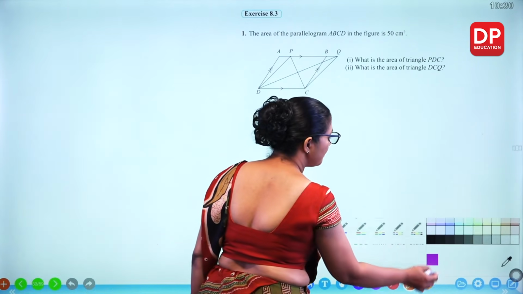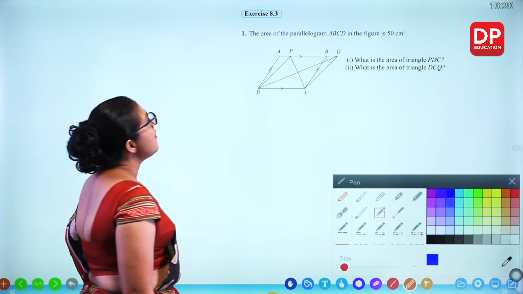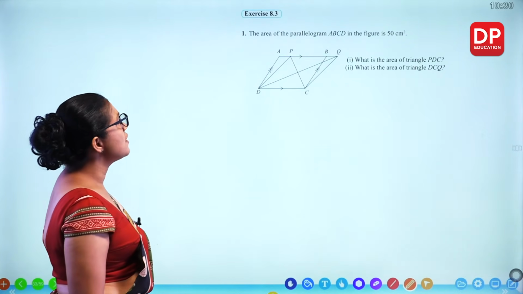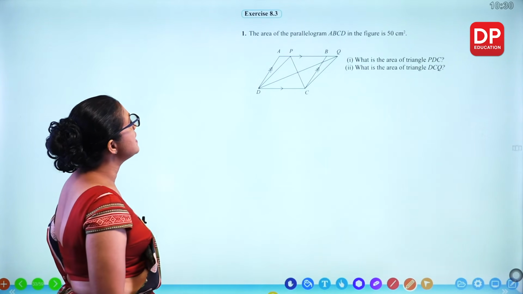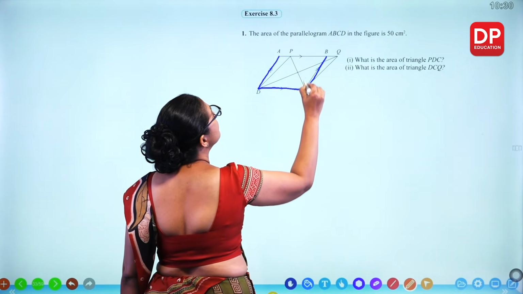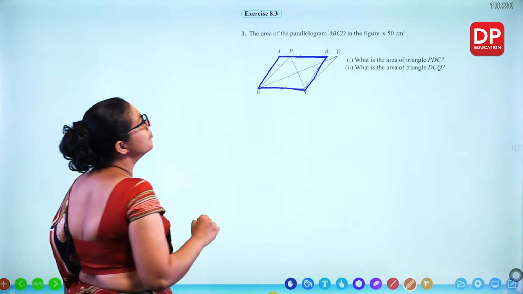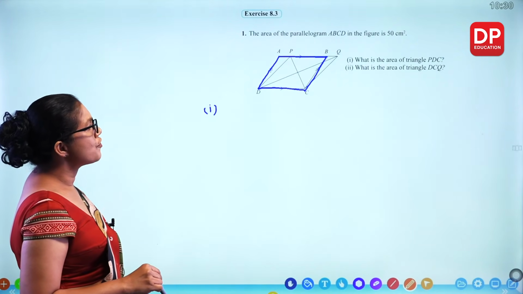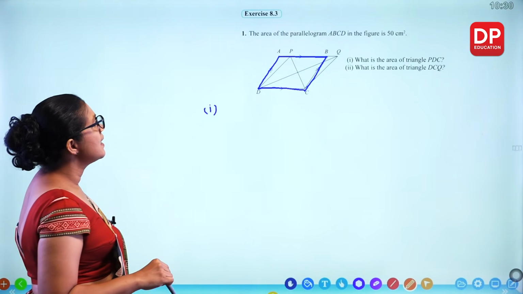First question, the area of the parallelogram ABCD in the figure is 50 square centimeters. ABCD, this parallelogram. You are asked to find out the area of triangle PDC.